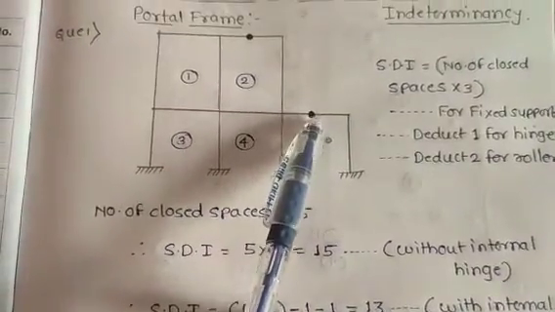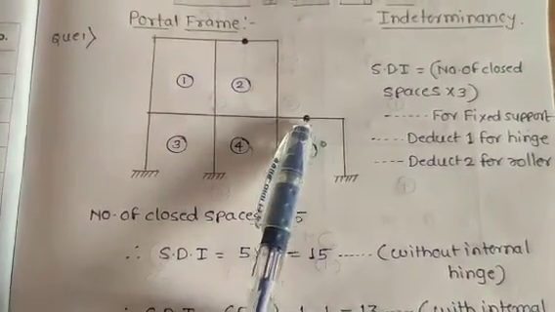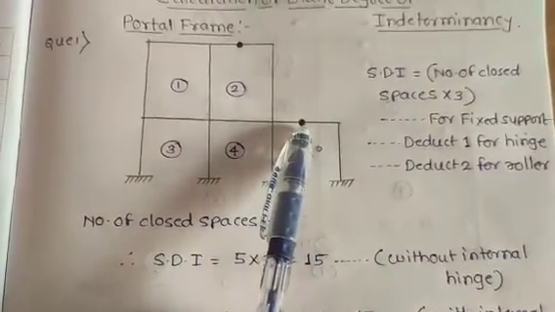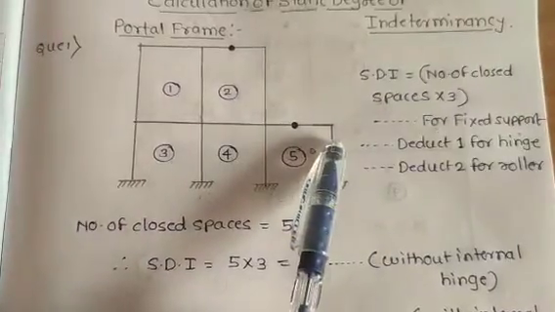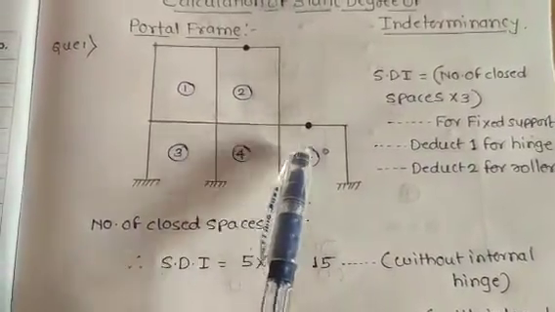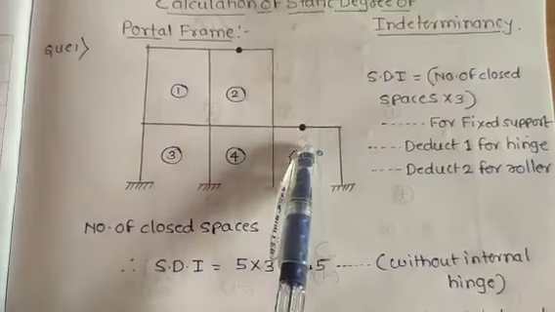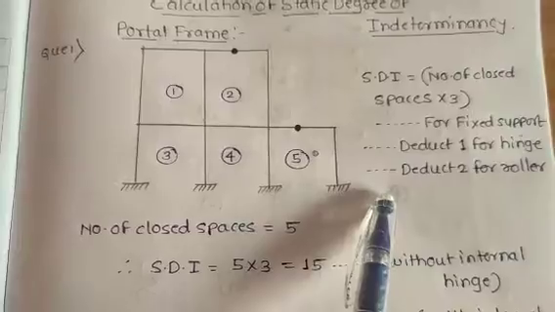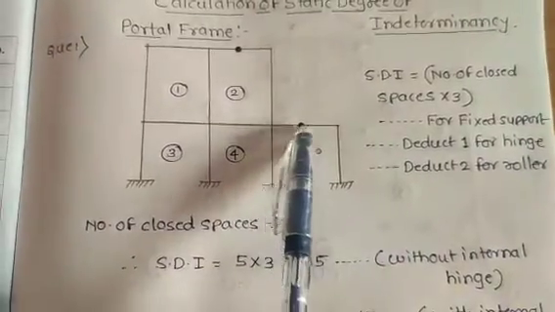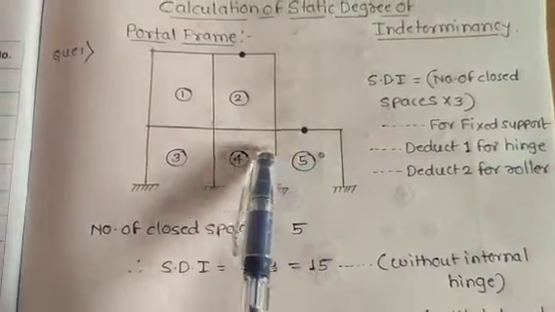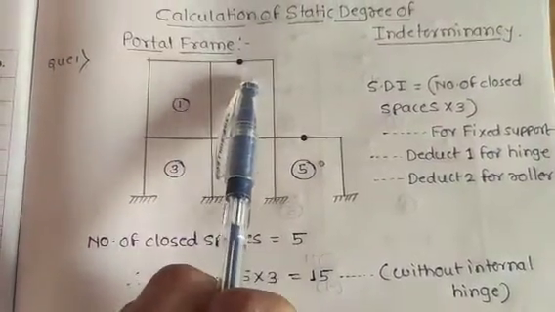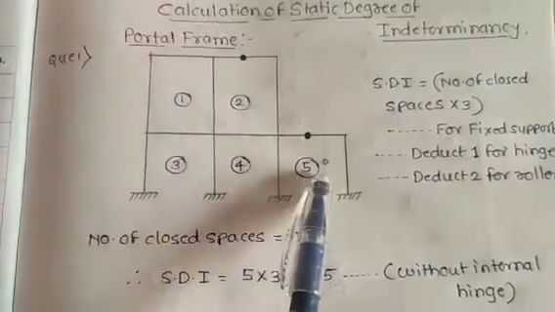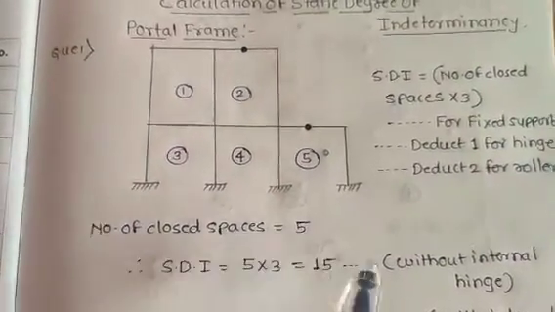Here this internal hinge joins the left hand side and right hand side member, means this hinge joins 2 members. So the number of members joined by this hinge is 2, minus 1, that is equal to 1. Means the deduction for this internal hinge is equal to 1. Similarly, the deduction for this internal hinge is equal to 1. Means the total deduction for these 2 hinges is equal to 2.